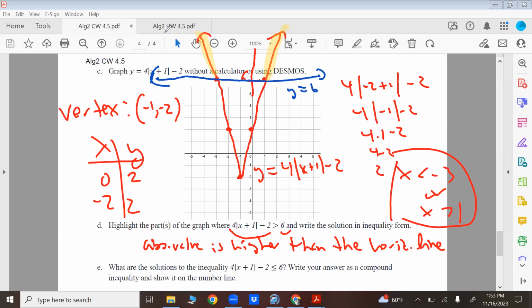You don't want it to be less than though. Okay, that's -3, right? When you're to the left of -3, are you less or greater? You're less. Exactly. And to the right, you're greater than -1. So it's the same exact thing as we got algebraically.